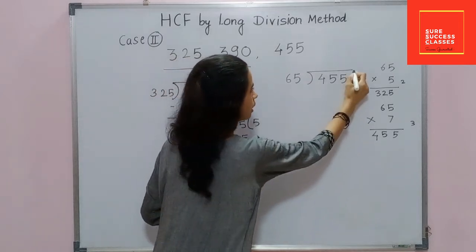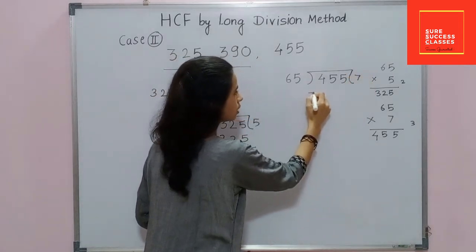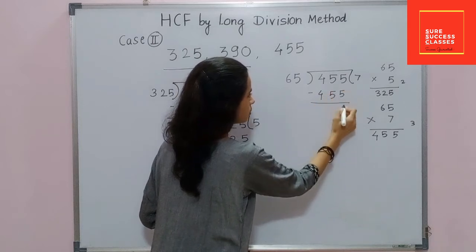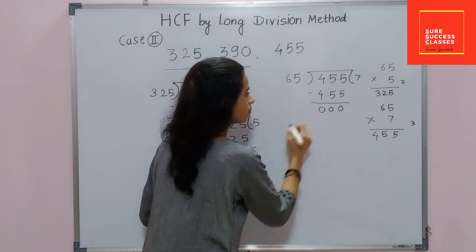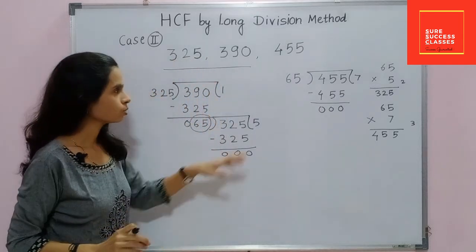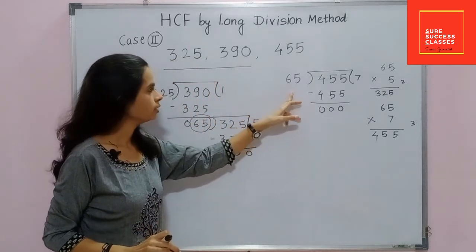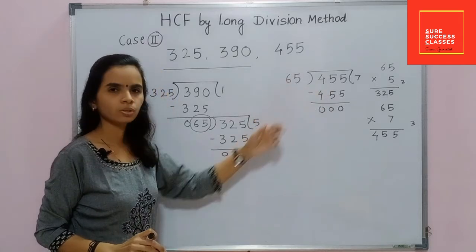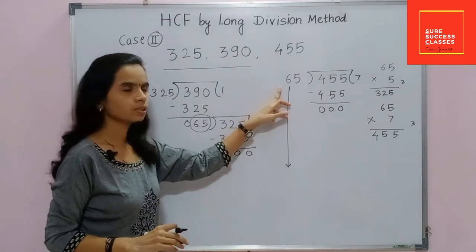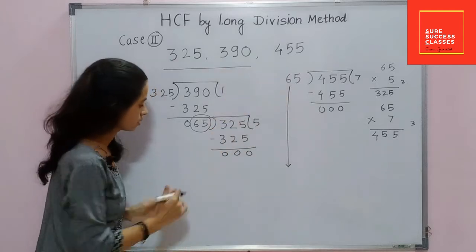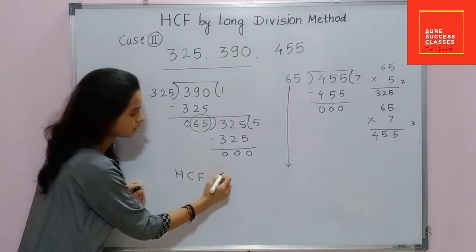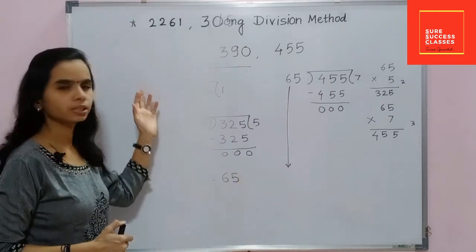We will write 7 as a quotient and subtract this 455 from this number. We will get 0 as a remainder. Here also we will completely divide this number 455 by 65. This means this is the HCF of these three numbers. So the HCF of these three numbers is 65.